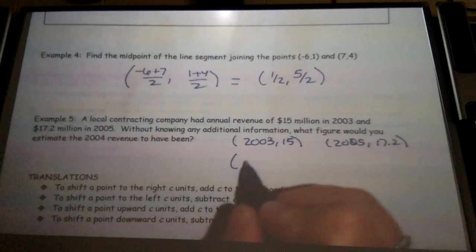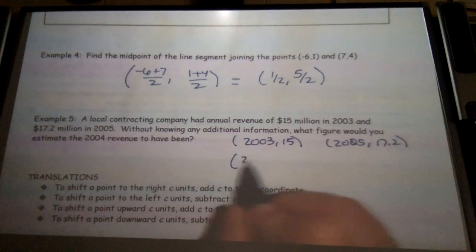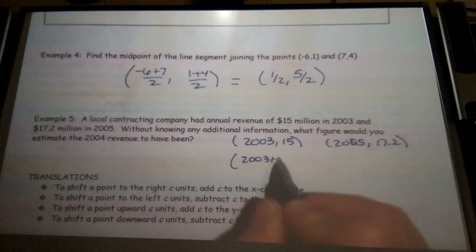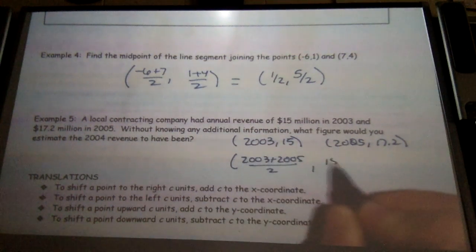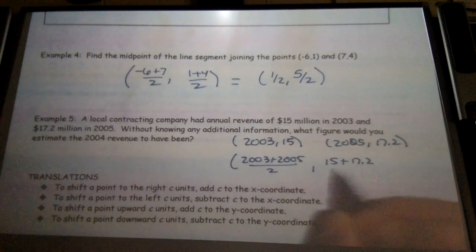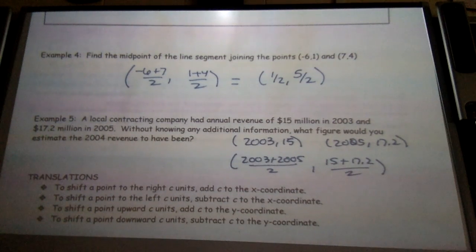So we could find the midpoint. 2003 plus 2005 divided by 2. 15 plus 17.2 divided by 2. When I add the years up, I get 4,008. What's 4,008 divided by 2? 2004.